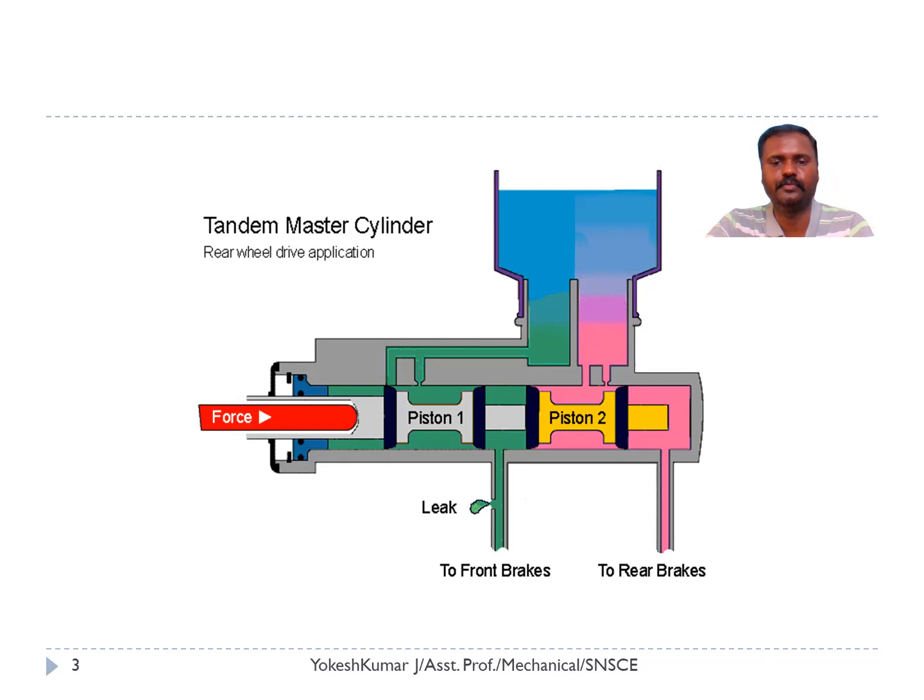Here we have two pistons which are connected on a common rod, and this rod is connected with the foot pedal. Once we press the foot pedal, the piston pressurizes the fluid, and the pressurized fluid is sent to the brakes, both front and rear brakes. So the braking force will be applied to all the wheels commonly.